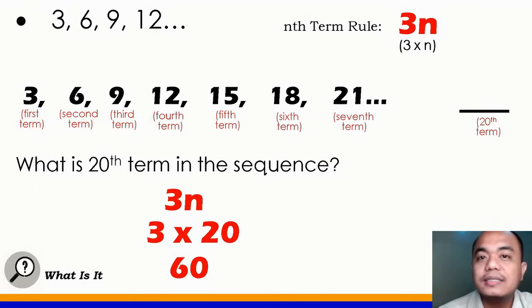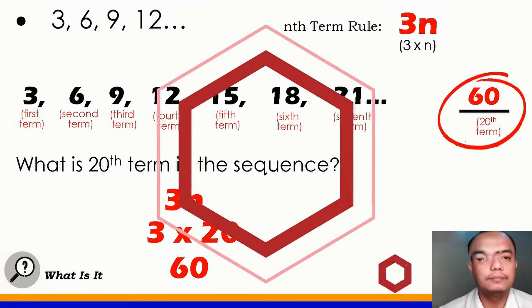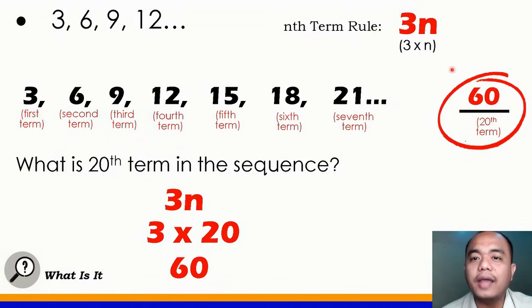And the answer is 60. So, our 20th term there is 60. Got it? Okay, very good. Now, paano natin kinuha yung nth term natin? How did we get, again, our nth term? What did we use? What strategy did we use?